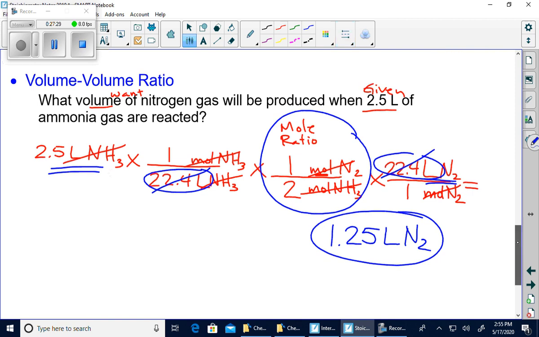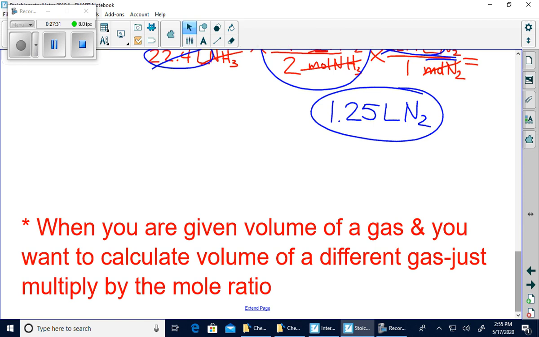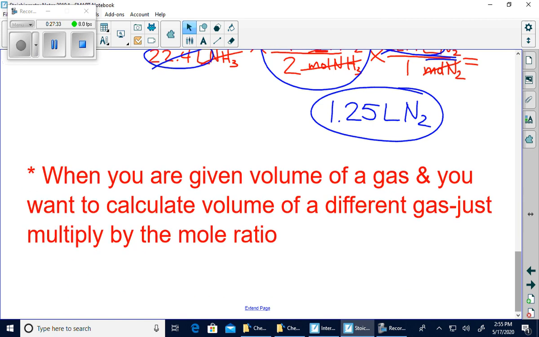All right, so here, that's what I just said. When you're given volume of one gas and you're going to volume of a different gas in a chemical reaction, all you have to do is multiply by the mole ratio.